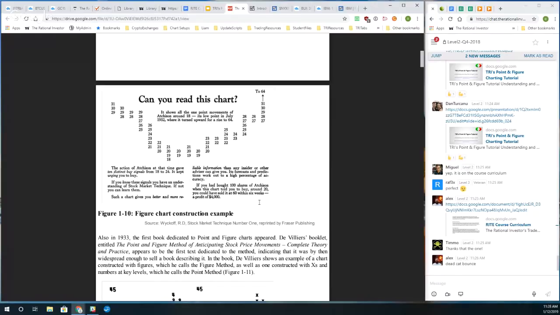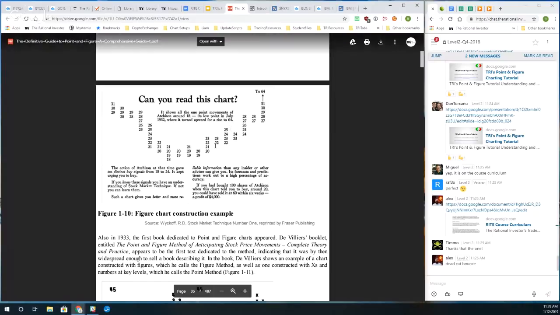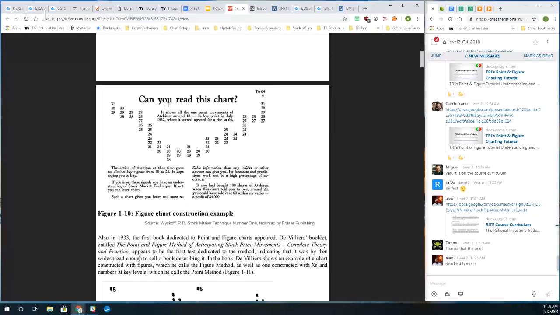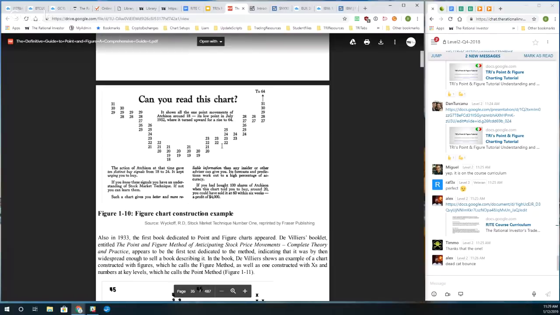Remember, I said earlier that a lot of the OGs that we refer to today, a lot of the basic principles, things like Wyckoff, it's interesting that Wyckoff actually produced these charts and literally asked his readers, what can you see out of this chart? It's a very different way of looking at price action, isn't it?